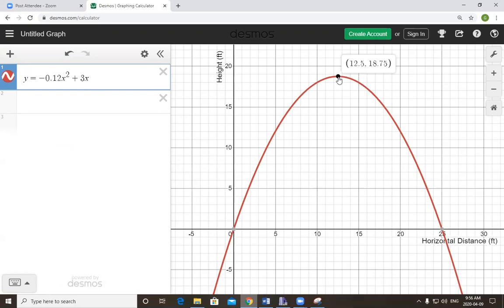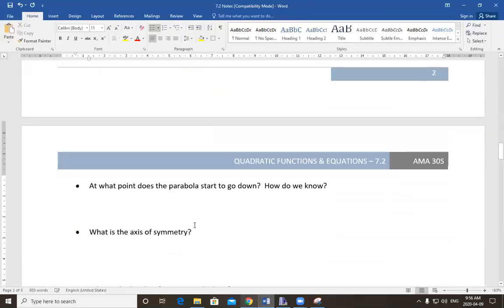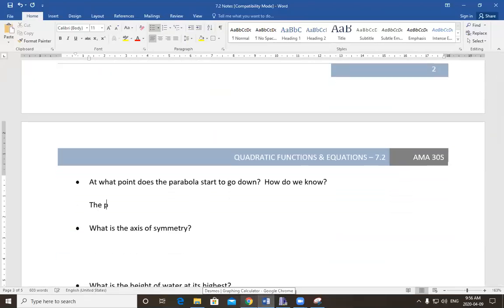How do we know? Well, as we move to the right, past 12.5, we see the curve start to go down. So that is how we know. So the parabola starts to go down at x equals 12.5.